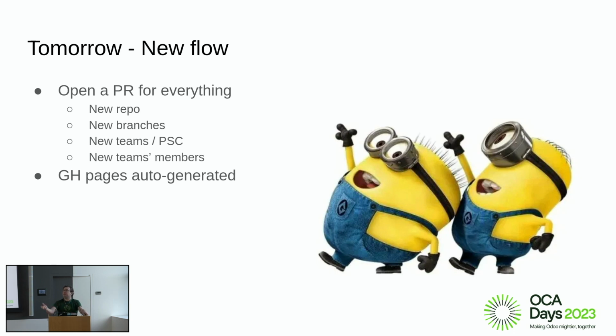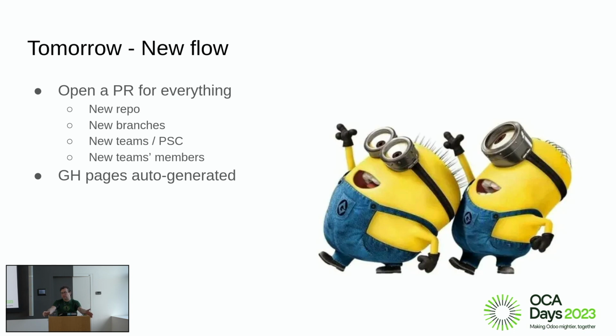Also, we will use some GitHub pages to show the teams, to show the repositories, and just to follow up who we need to ask or ping when we want to send a new PR.